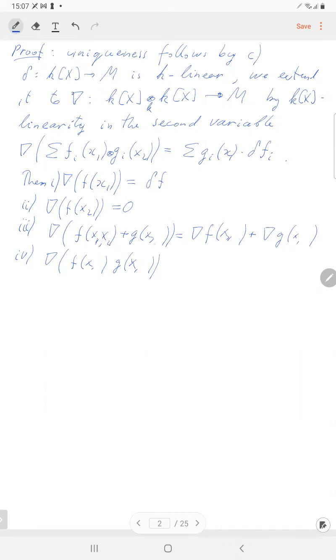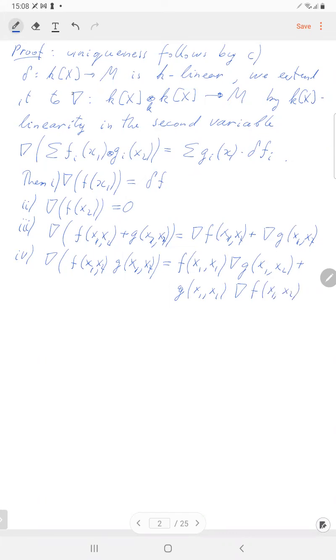Nabla of f(x1) times g(x1,x2) equals f of x1 times nabla g of (x1,x2) plus g of x1 times nabla f of (x1,x2).